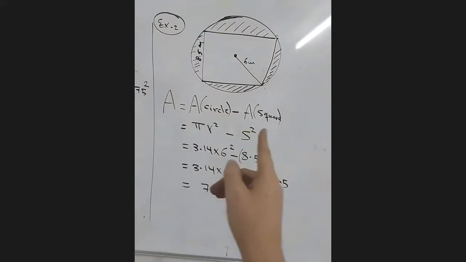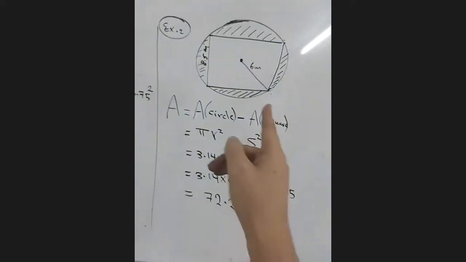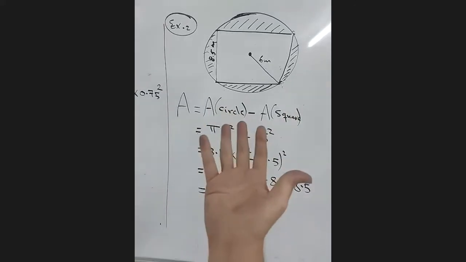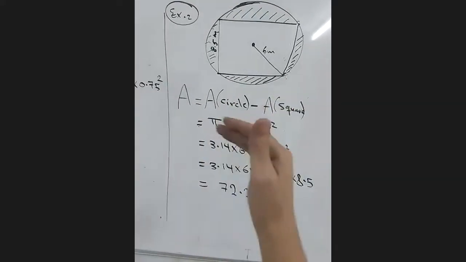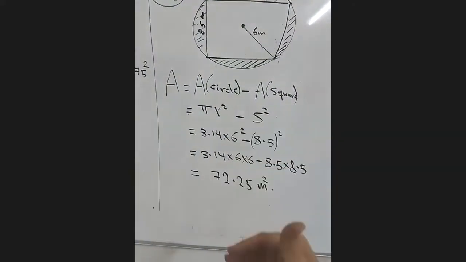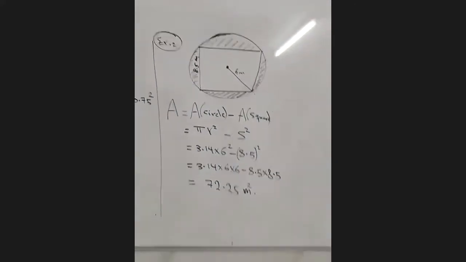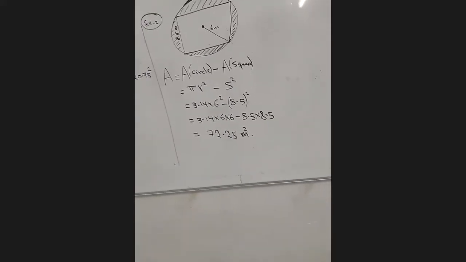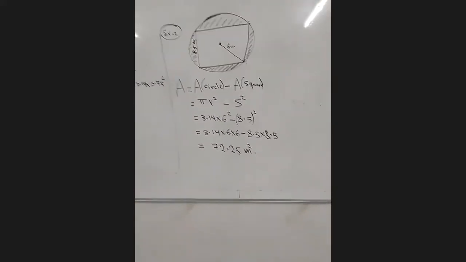So just write the general step here. We call it the basic step. After you wrote it, just replace and calculate. This is example 2, page 470.